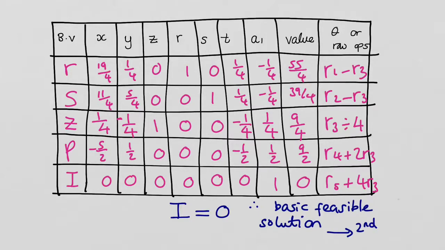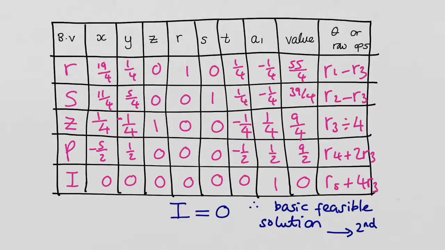So if at this point you haven't got I equal to 0, then there's no solution. You don't bother doing stage 2. If you get I equals 0, there is a solution. We can now go and find it.